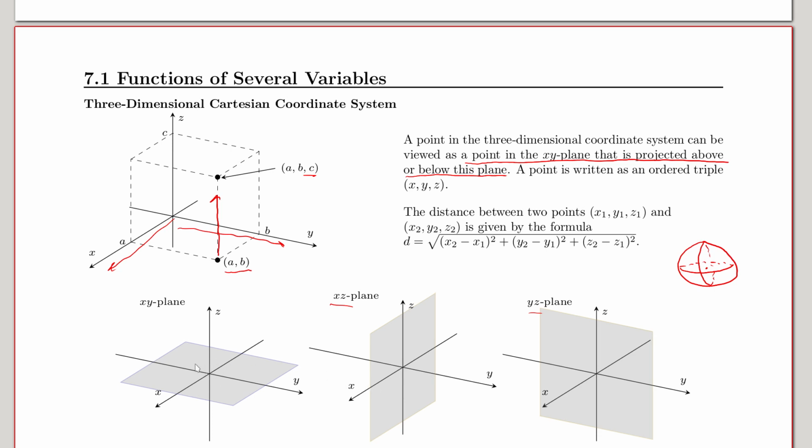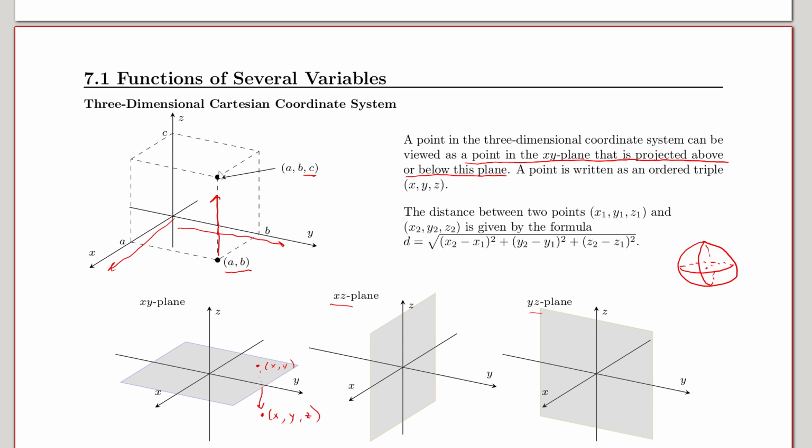So the idea is just think of the xy plane as your desktop, and then a point, so this would be a point (x, y), and then say we project down to some point below your desktop, and that would be called (x, y, z). That's really it.